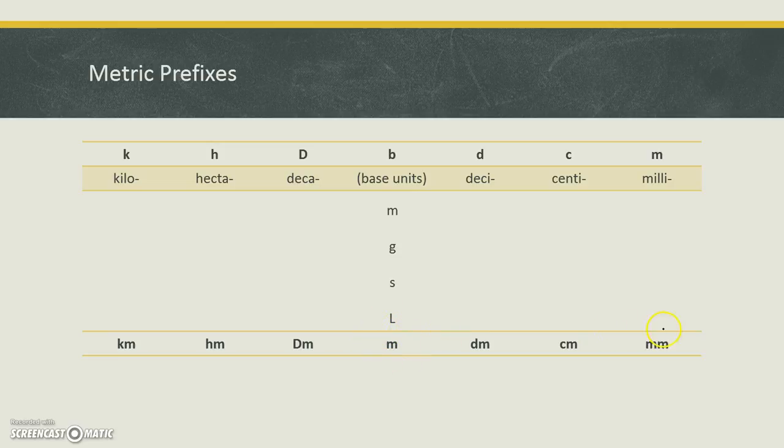Or if I'm asking just to go to meters, they'll go to here. You can't do that. It has to have the prefix in front of it. So if it's just a letter by itself, it goes under base units. If it's a letter with something in front of it, or a letter with something behind it, then you look at the first letter, and that determines which one it falls under.